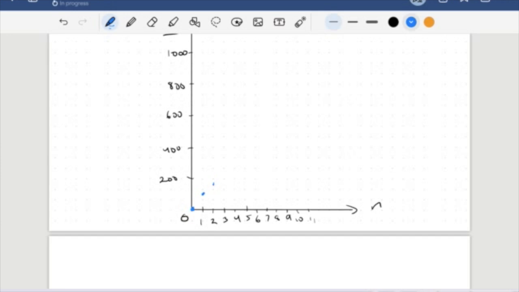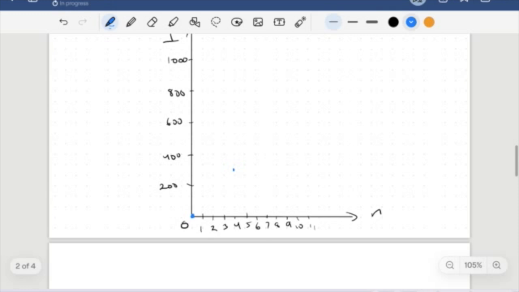And going through, I'll just jump to 4. 4 gives us 320. So 4 is going to give us 300s there, plus another 20, maybe up here. And at 8 years, we're going to get 640. So I'm going to get my 8, going up to about 640.